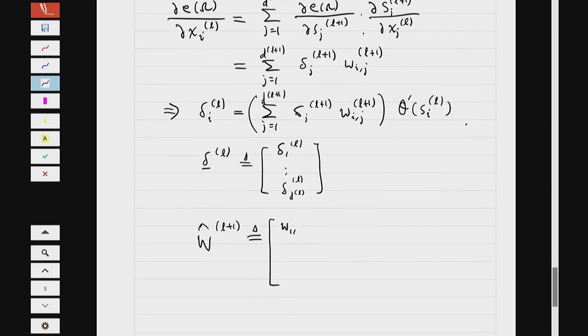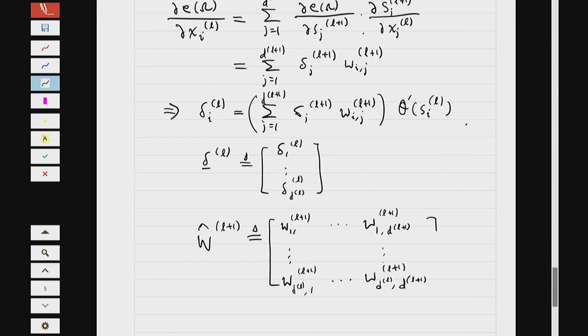So W_1,1 of L plus 1, all the way to W_1,d_{L+1}, and then all the way to W_{d_L},1 of L plus 1 and so on. Just messy writing, that's all.